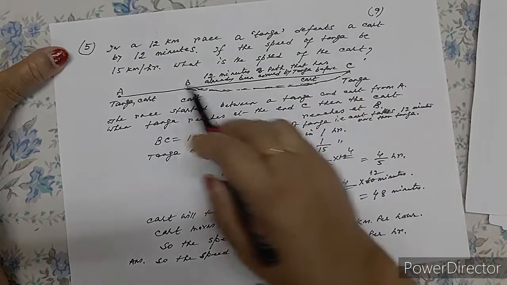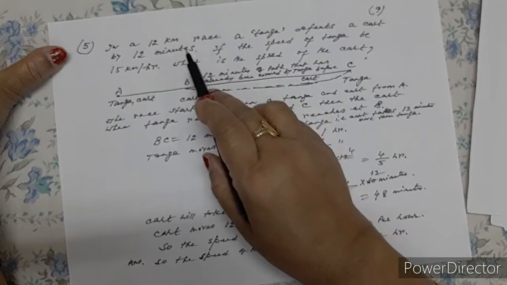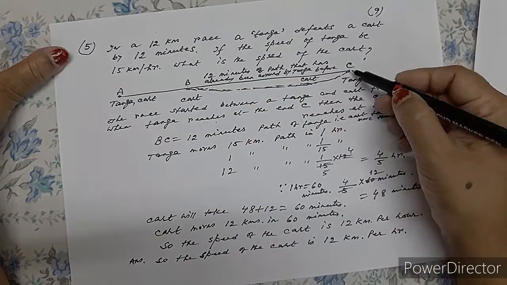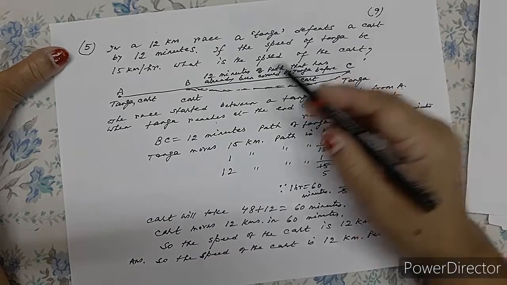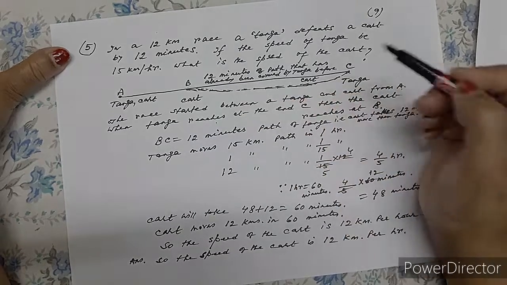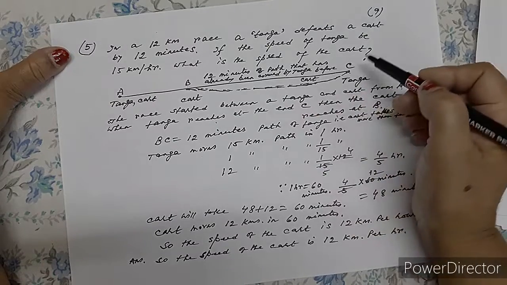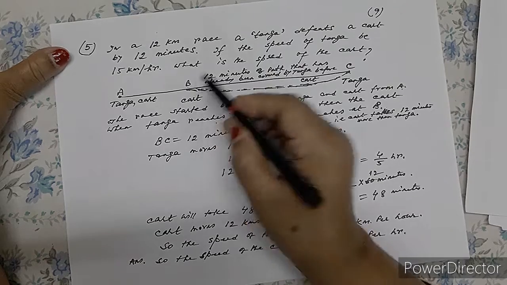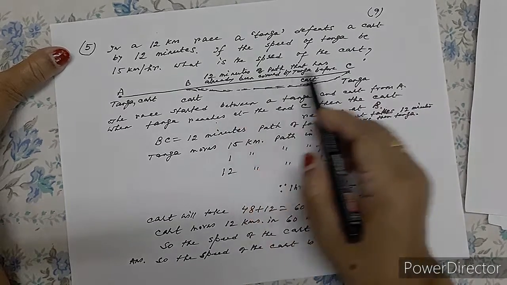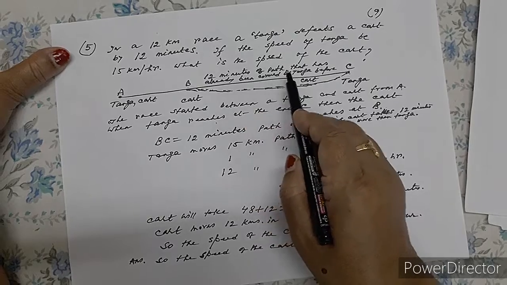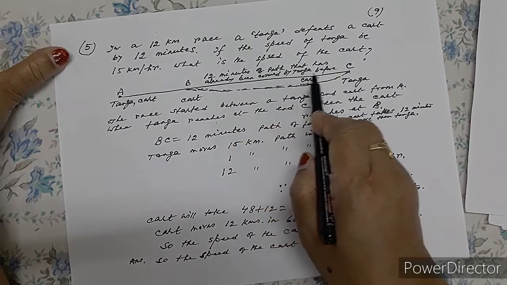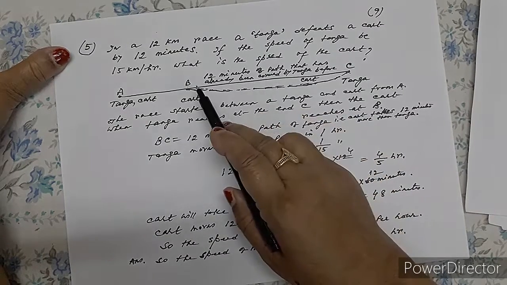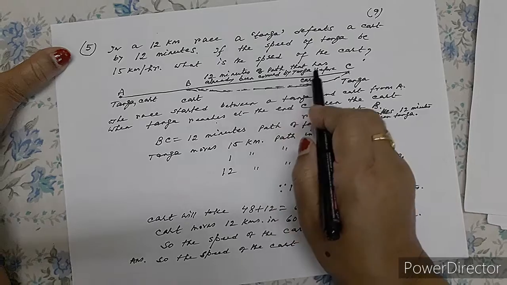before. It is written there, in the 12 kilometer race the Tanga defeats a cart by 12 minutes. That means the Tanga reached the end point C before the cart, 12 minutes before. When the Tanga reached C, the cart was at B. That means 12 minutes of path had already been covered by the Tanga which the cart is yet to cover.